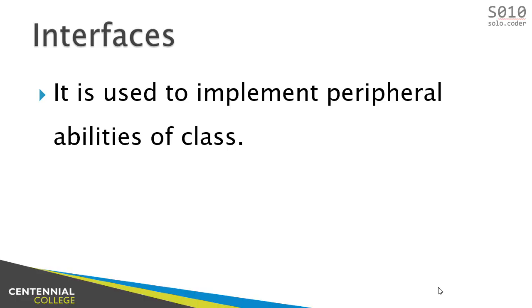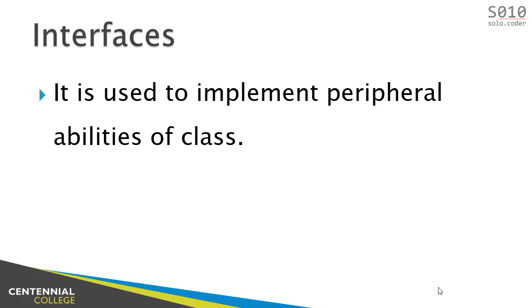To make it a little more complicated, it does not use the keyword abstract at all. We call the methods of interfaces abstract because they don't have a body, but they don't actually use the keyword abstract. There's no implementation there.